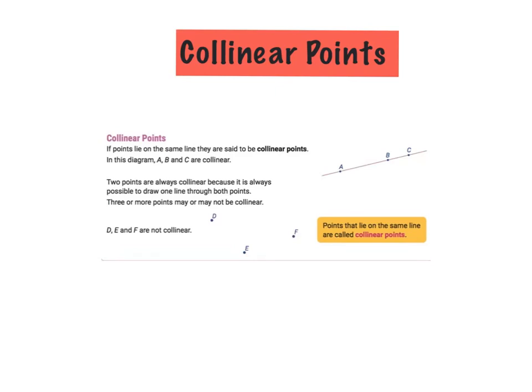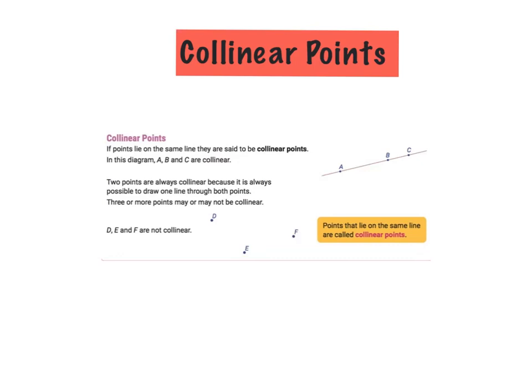Okay, now the last thing we're going to have a look at today are collinear points. Okay, so that sounds a little bit confusing, but basically collinear points are points that lie on the same line. Okay, so if you were to draw a line through however many points, so if a line can go through all those points, they would be collinear.